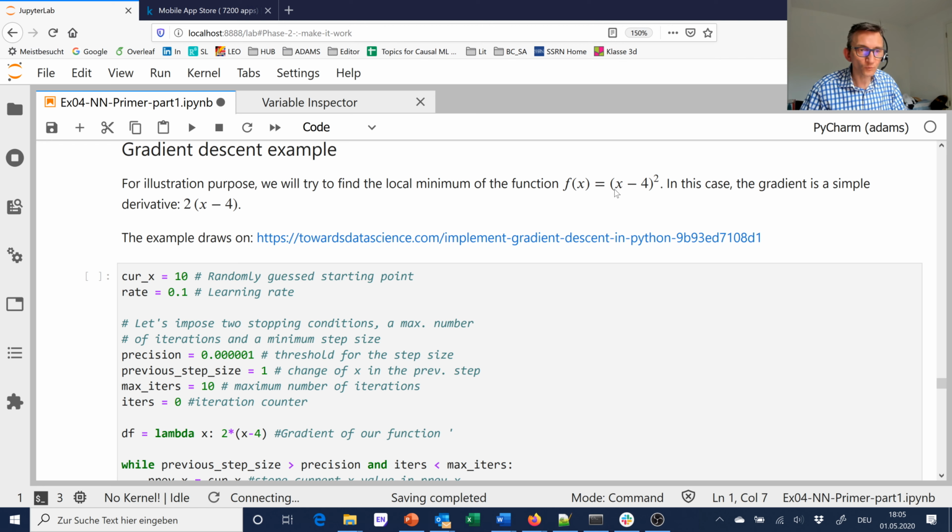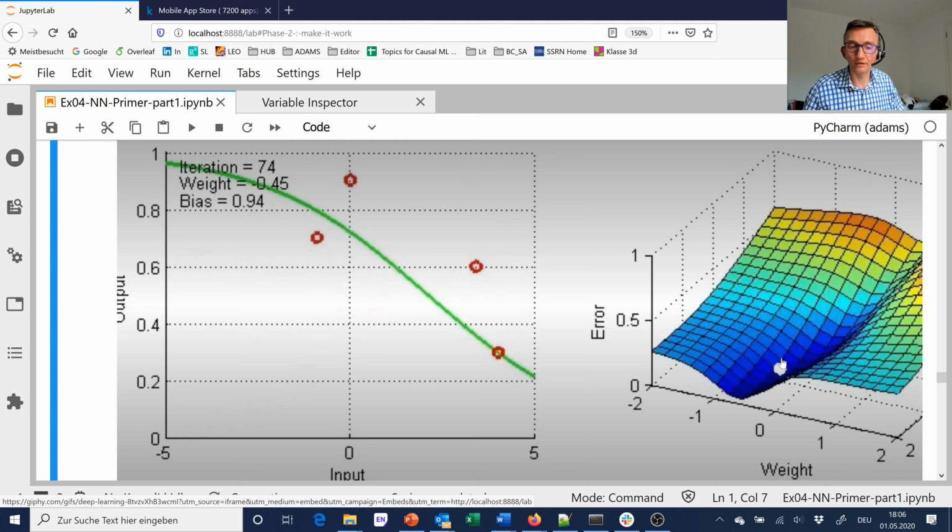We need to work out the gradient, and then we update our weights in the opposite direction of the gradient, using this update rule: the new parameters are the old parameters minus the learning rate times the gradient. And the minus makes sure we go in the opposite direction of the gradient, which points in the direction where our function increases the steepest. So we move in the opposite direction of the gradient, very much like this little ball here, and hope that we eventually find a nice local minimum.